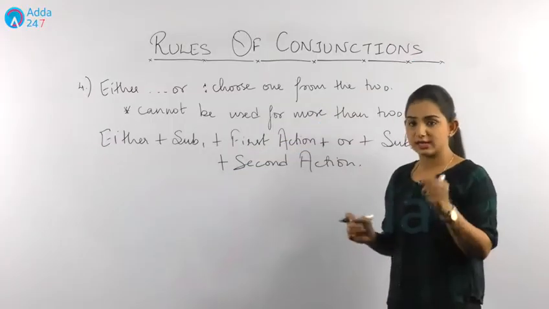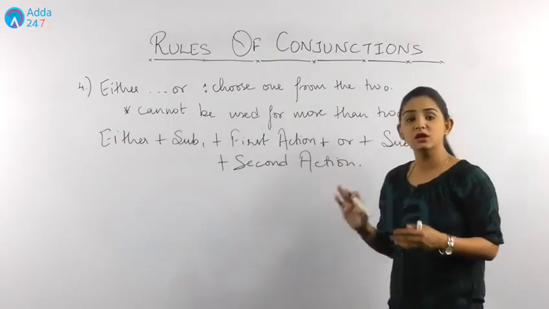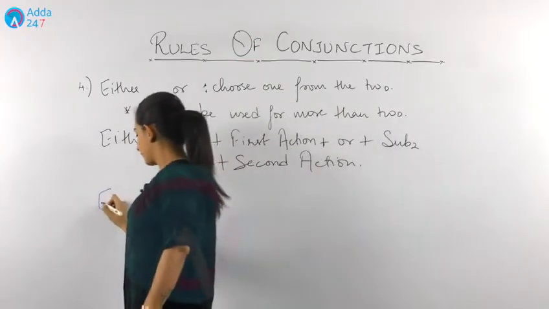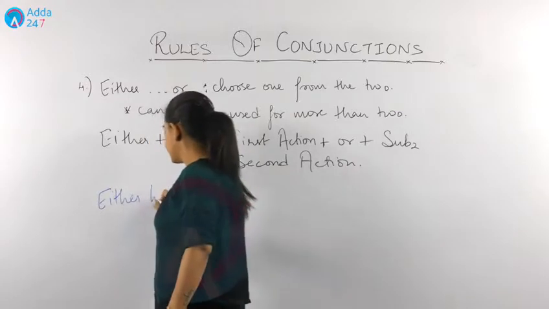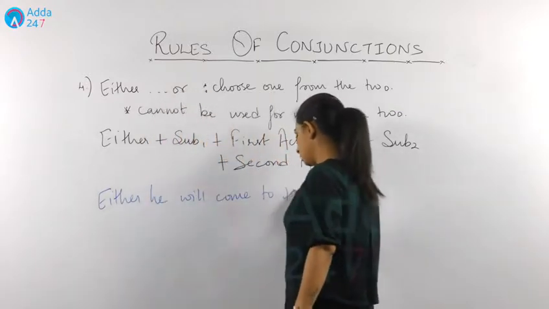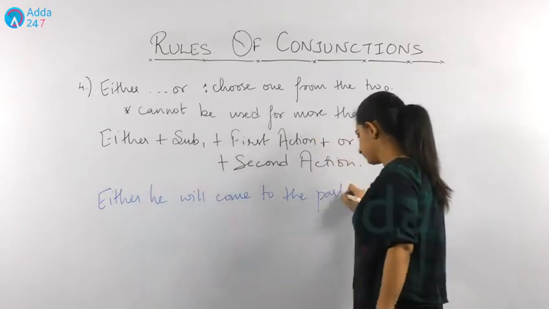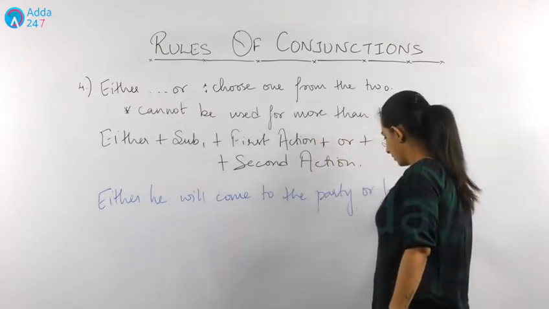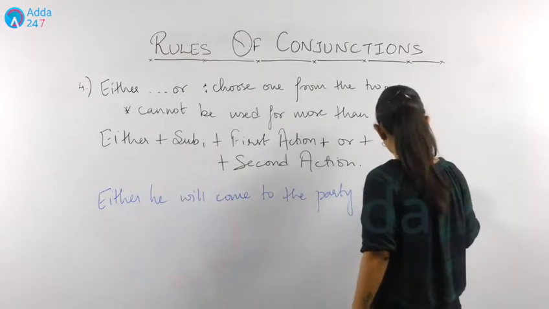If I want to write a sentence, likewise a sentence structure, then what I do is, now the sentence is either he will come to the party or his brother.